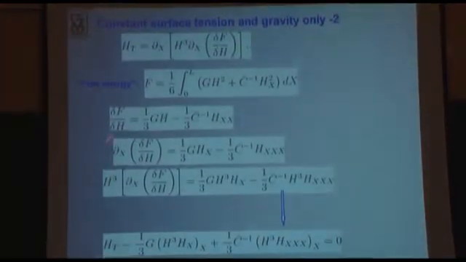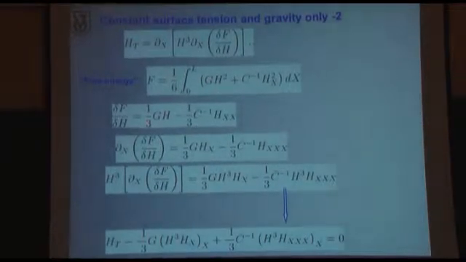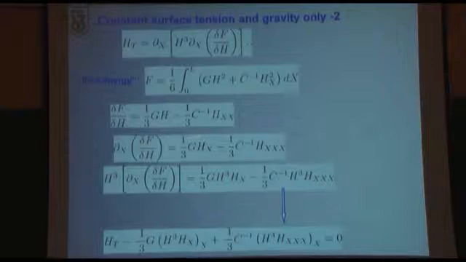If I use this expression, df by dh is exactly g 2h divided by 6, that's exactly what I got. Now I need to differentiate this f with respect to hx: 2 times c minus 1 hx, and then I differentiate it once again, so that's what I get. 2 divided by 6 is 1/3.